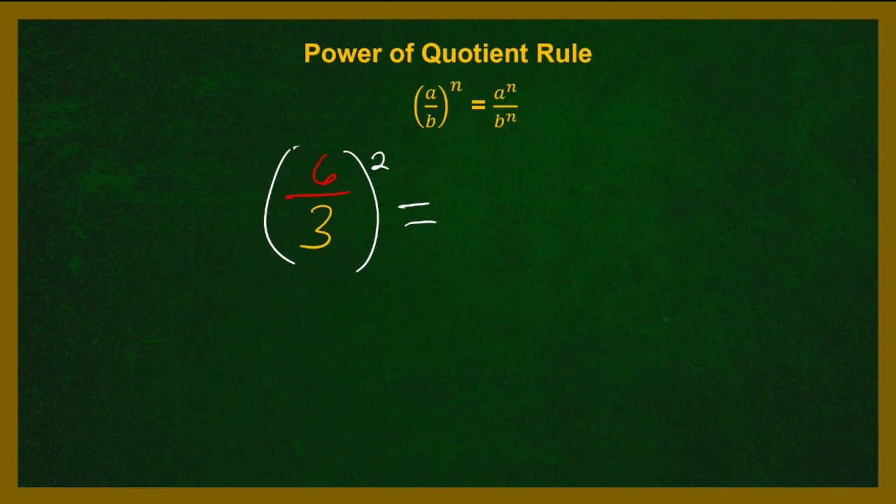Okay, so our result will be a, which is 6, raised to the nth power, which is 2, divided by b, which is 3, raised to the nth power, which is 2.